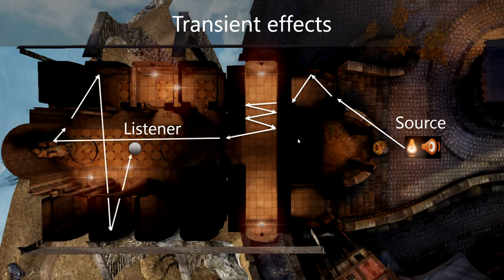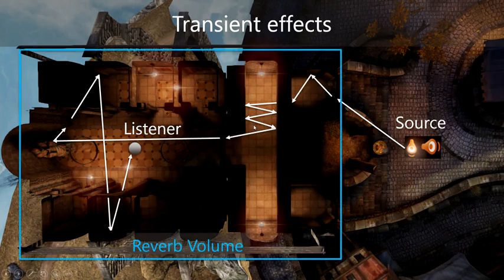So there's a huge number of such paths in this scene, as you can imagine. And that gives us the feeling of high-order reflections and reverberation. And there needs to be some way to capture this to take into account the geometry dependence on this scene. What games do is some audio designer will draw a reverb volume saying this is a cathedral, whenever there's a listener inside it, use such and such reverb, which is of course really very approximate.